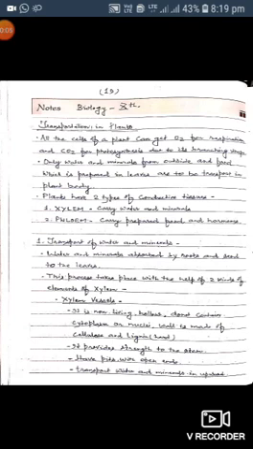Yesterday's topic, which you have read, was transportation in human beings. After reading the topic, I gave some homework, and I think you have done it.